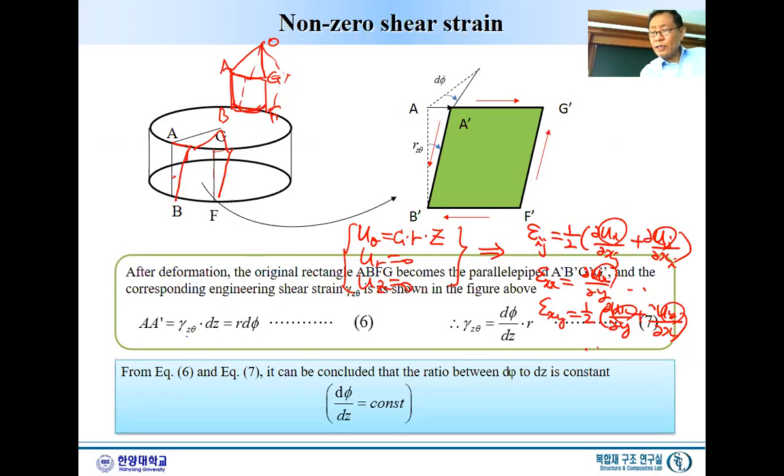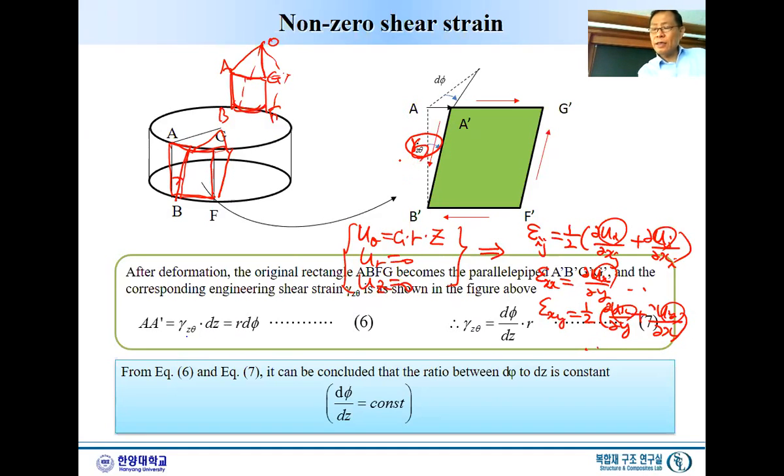Very simply, as you can see, there is an angle change, right? There is an angle change from this rectangular to this shape. So this is exactly what we observed in defining the shear strain. So in this case, the shear strain is gamma, with Z and theta.